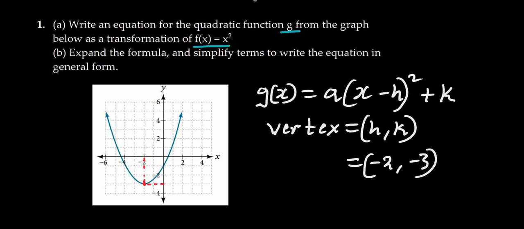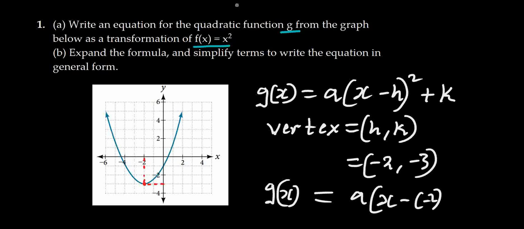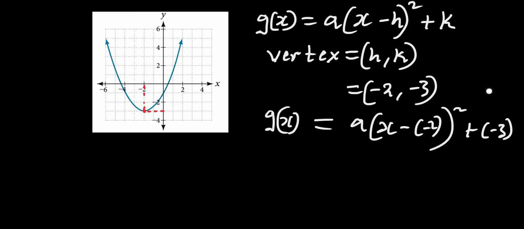So next is to plug this value into the function, which is now g of x equal a open parenthesis x minus -2 squared plus -3. Now this will be equal to a x.